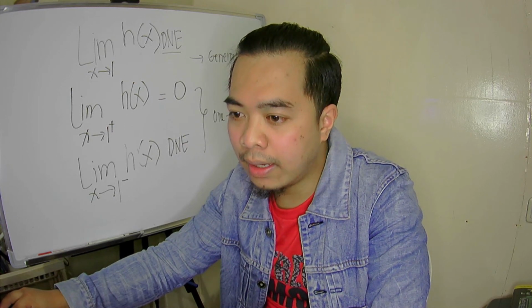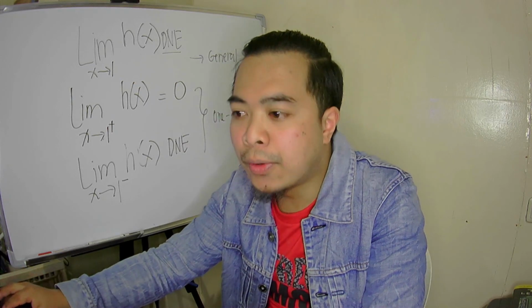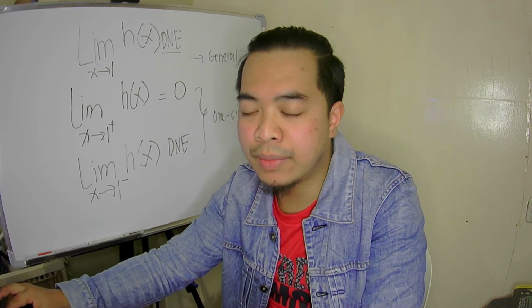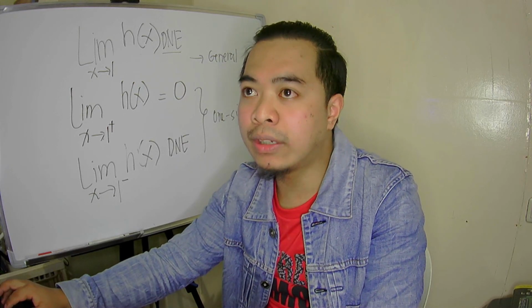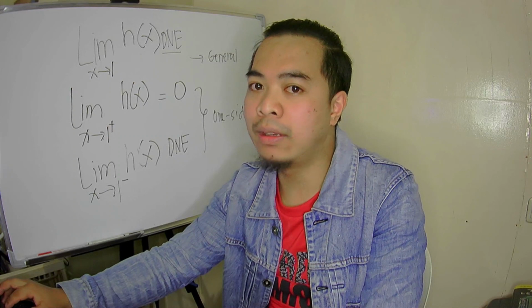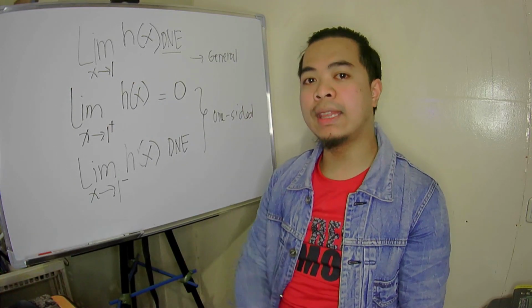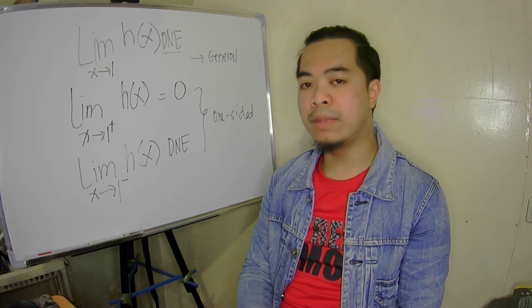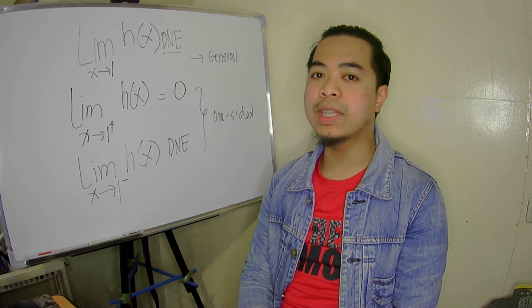Okay, anyway, the last part of this session is to compute algebraically. Ito yung medyo mahirap. Yung i-compute talaga natin yung limit without the graph or without the table of values. So those are the easier method of identifying whether the limit exists at kung ano mismo yung value niya makikita natin sa graph or sa table.